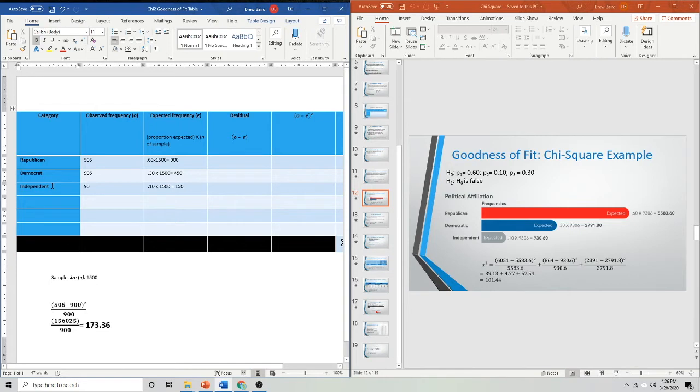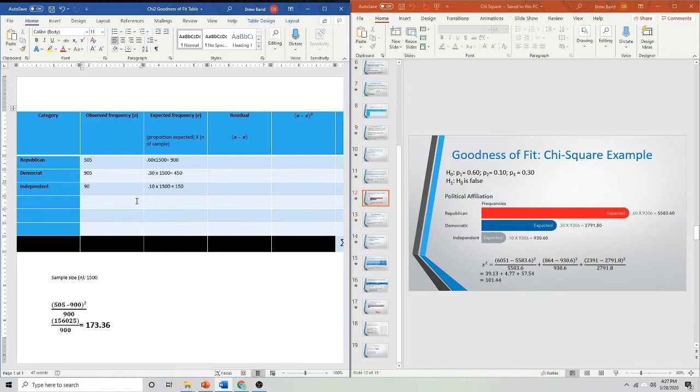Obviously, we have Republican, Democrat, Independent. We've got 3 categories. And then you write your observed frequency within your sample. So we'll say, just hypothetically, that our sample of Newport News residents had 505 Republicans, 905 Democrats, and 90 independents. So that's what we actually observed. That's what was in the sample.